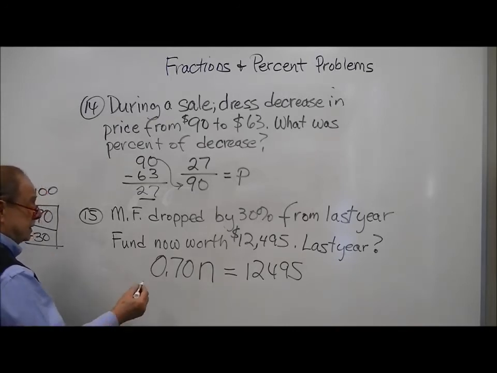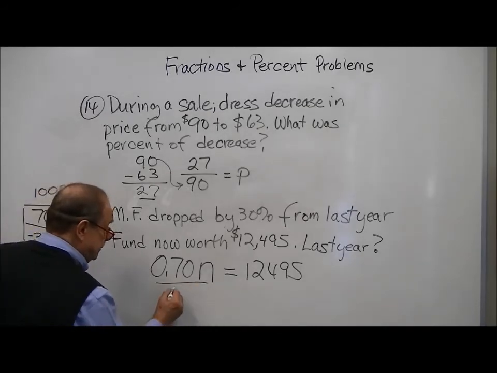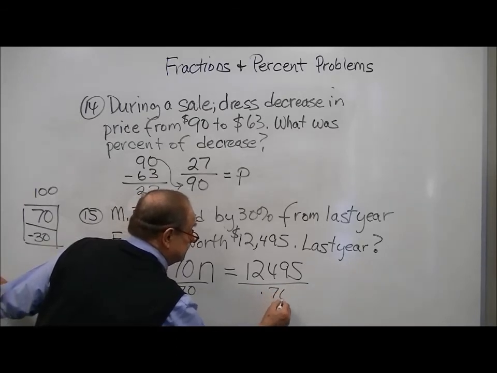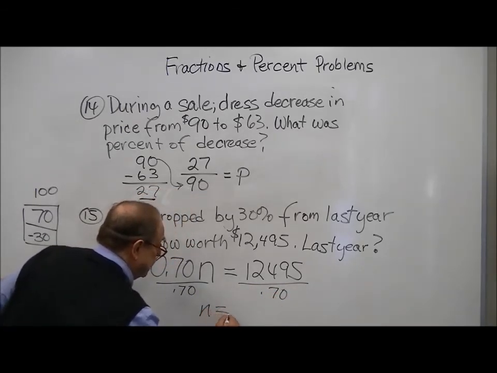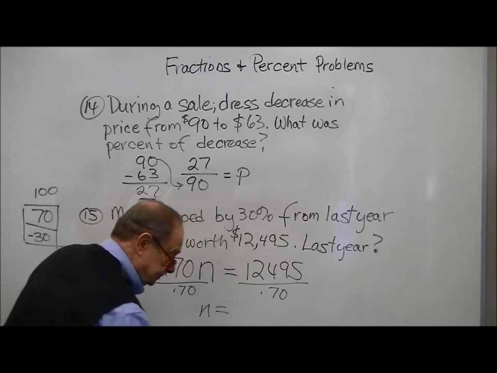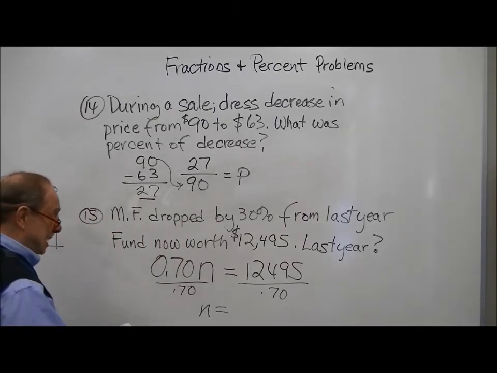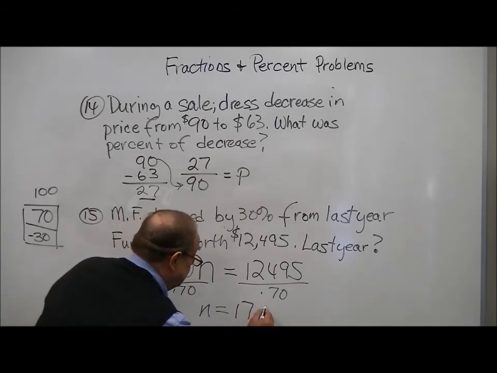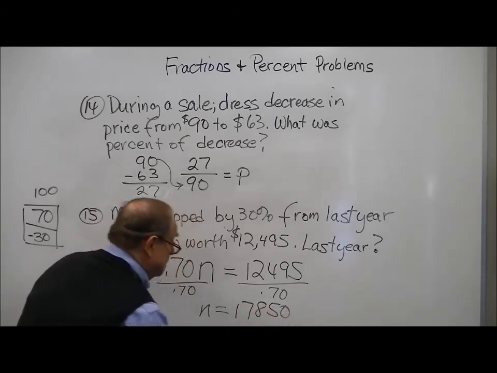So we're going to solve, let's start with this one, by dividing both sides by 0.70. And when we do that, I happen to have these worked out already, it's going to be 17,850.